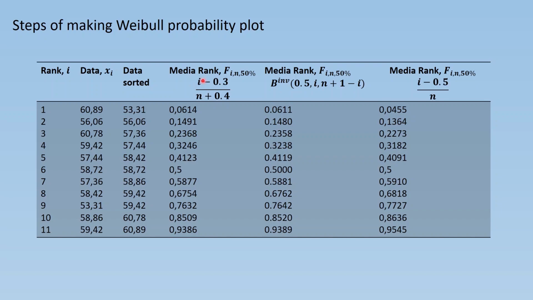You can just put i, so this is sample number 1, this is sample number 2, and then you can get the median rank corresponding to that sample. For example, this is another formula. MATLAB uses this formula for the Weibull probability plot. Okay, so now we will see why we use these formulas and where they come from.